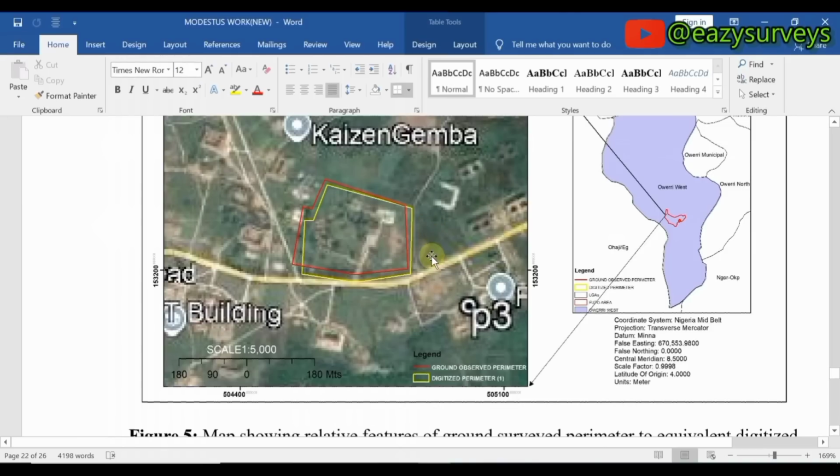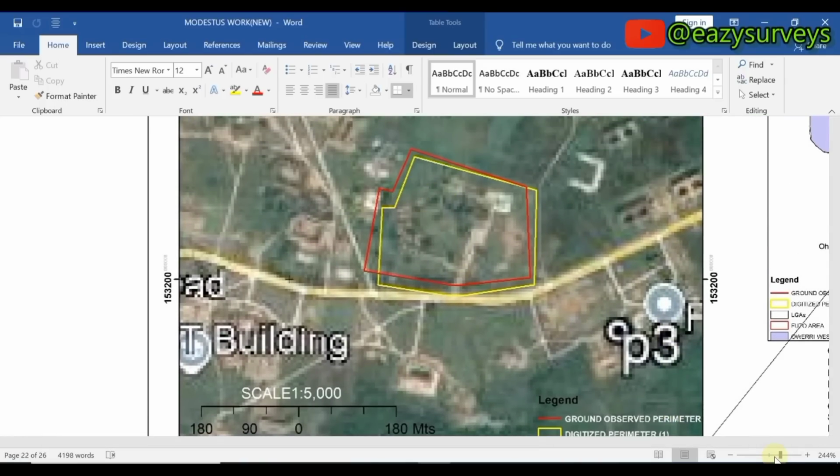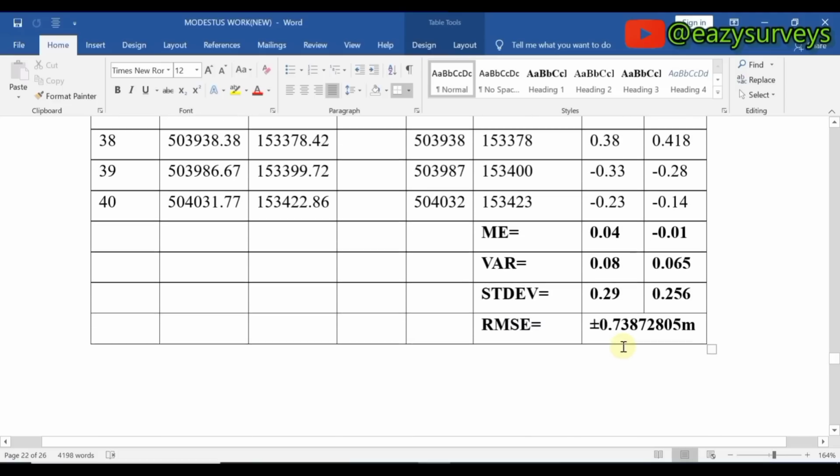The standard of accuracy for cadastral surveys is less than or equal to 1 centimeter, but the shift here is obviously more than 1 cm, and the accuracy of this georeferenced imagery is plus or minus 0.739, which is in meters.